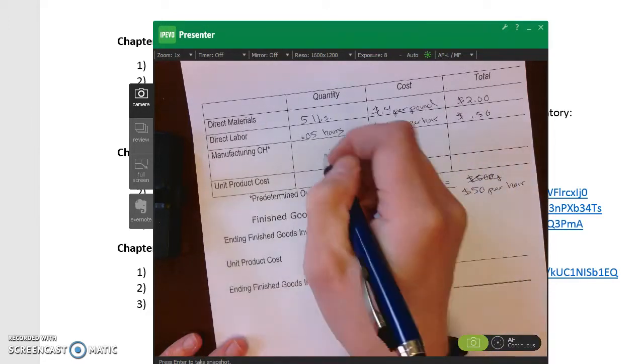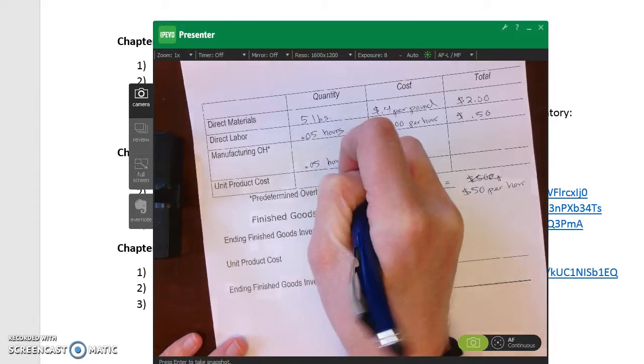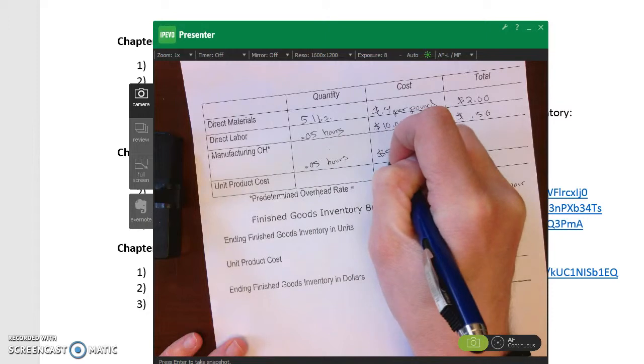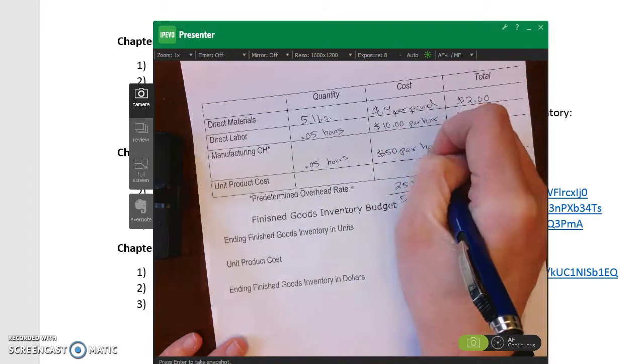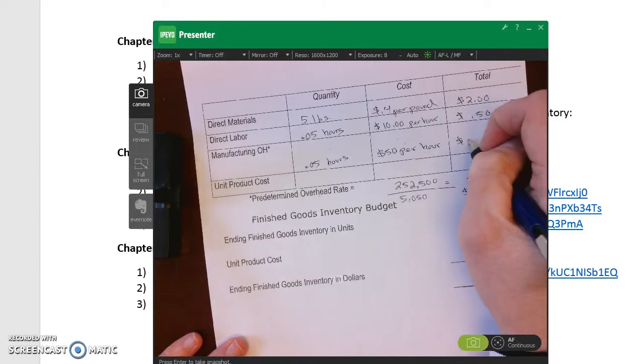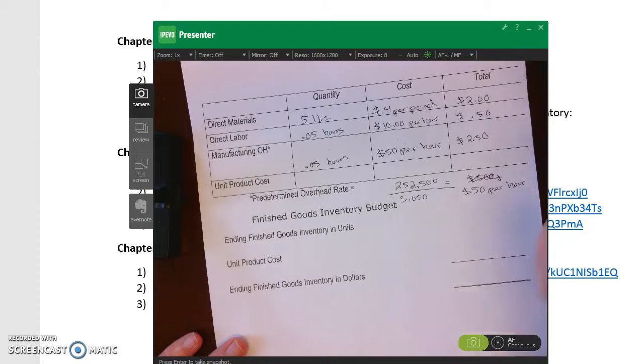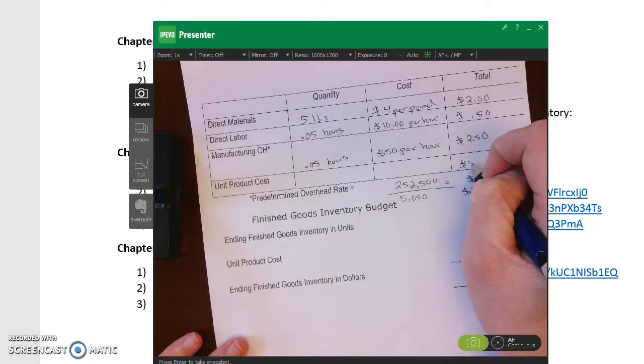Then how many hours does each unit use? 0.05 hours. We multiply that times our $50 per hour, and that gives us $2.50 of overhead for every unit that we make. So I can add these up, and I get $5 as my unit cost.